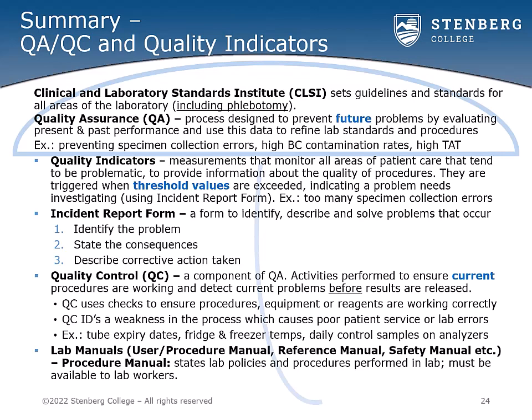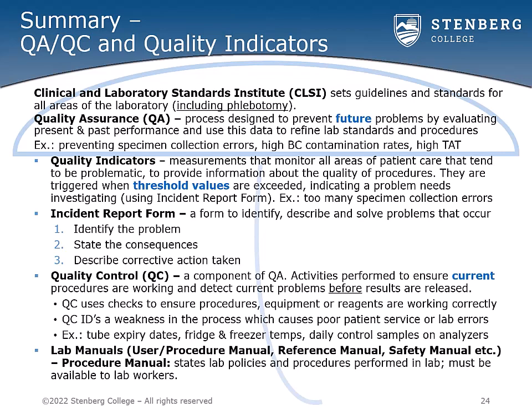Quality indicators are measurements that monitor all areas of patient care that tend to be problematic, to provide information about the quality of procedures. They're triggered when a threshold value is exceeded, indicating a problem that needs to be investigated.